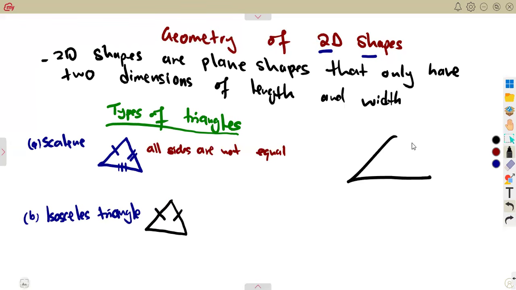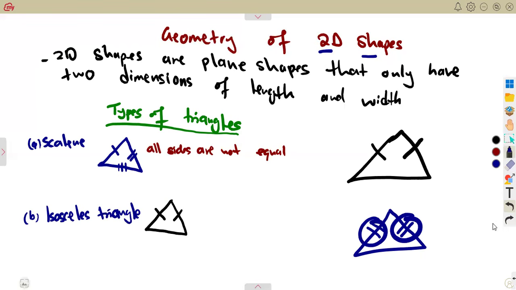This is the indication that the two sides are the same. If I indicate with one, I must also indicate with one here. Let's say I want to indicate that these two sides are also equal. I can indicate with two lines like this. Also here, I must indicate with two lines, to show that the sides are the same.